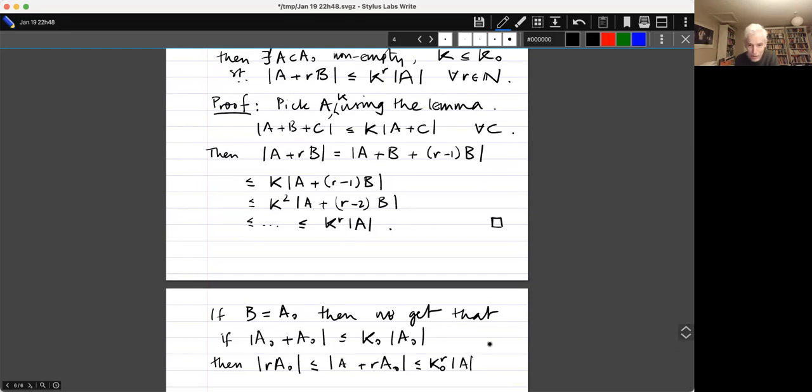I'm jumping a step, so k naught to the r times the size of A, which is less than or equal to k naught to the r times the size of A naught.